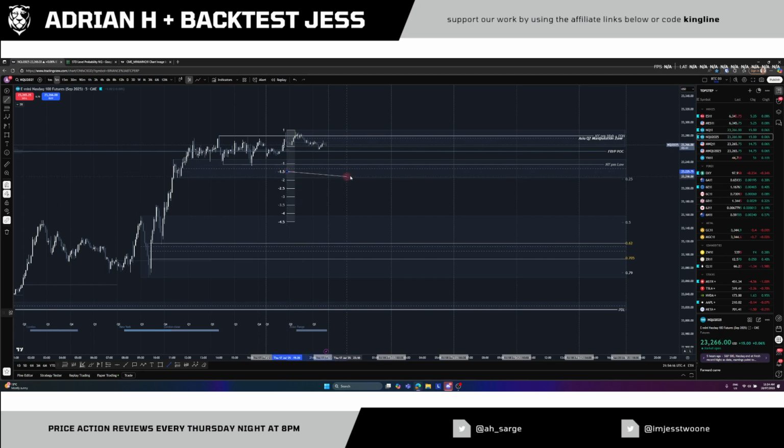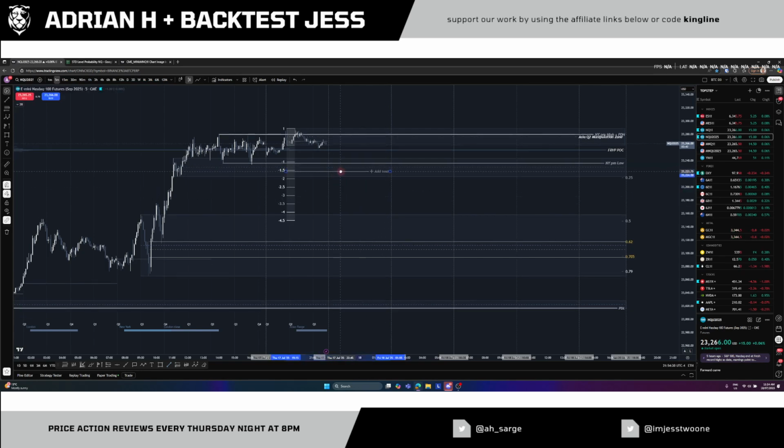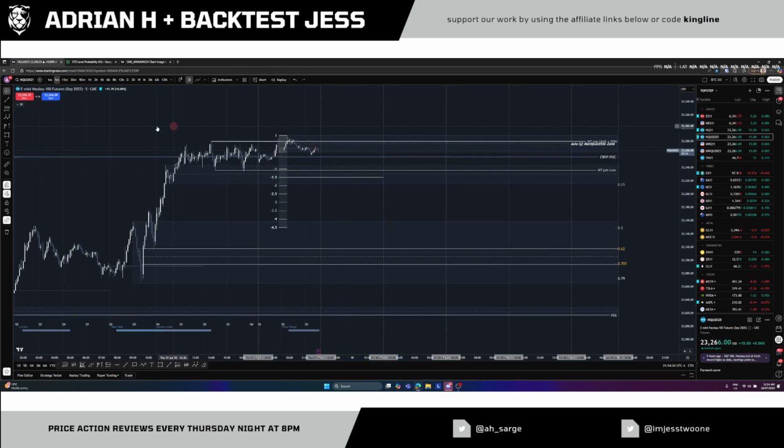And then we're looking for that SD 1.5. Normally, as we discussed with yesterday's price action, that 1 to 1.5 into continuation happens a lot more than price continuing to these other ones. However, we'll still map them out and follow as price goes.